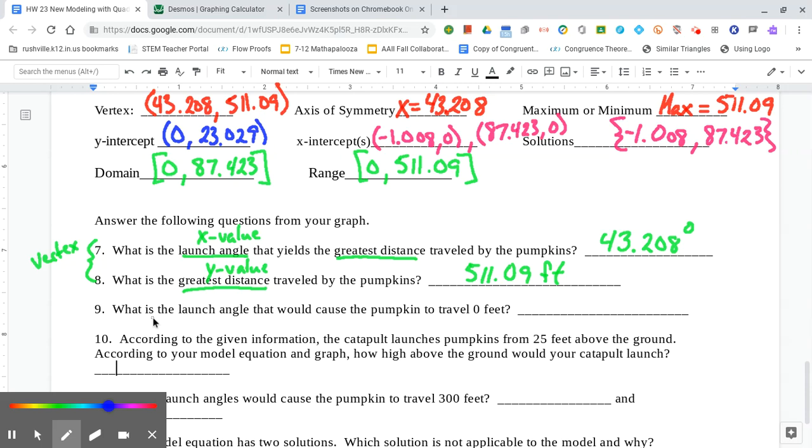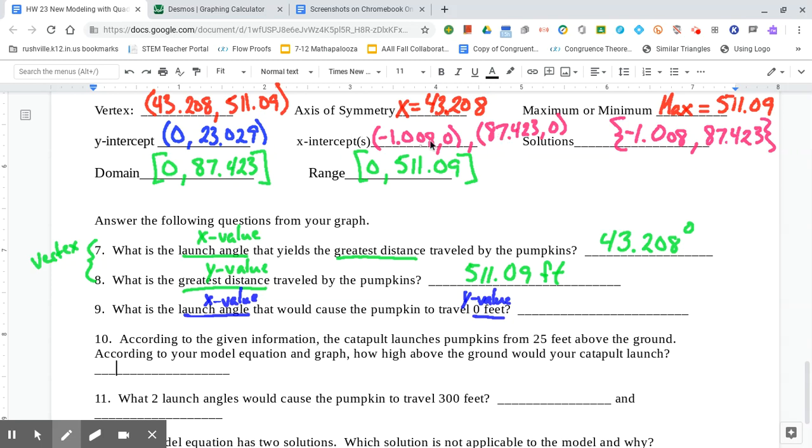We have a question here that says, what is the launch angle? So again, that is an x value. And what x value would cause the pumpkin to travel 0 feet? And 0 feet is a y value. So we are now talking about points that have a y value of 0. And you might notice we have 2. Those points are your x-intercepts. And so now we have to stop and think. Do we give both? Or does only one make sense?